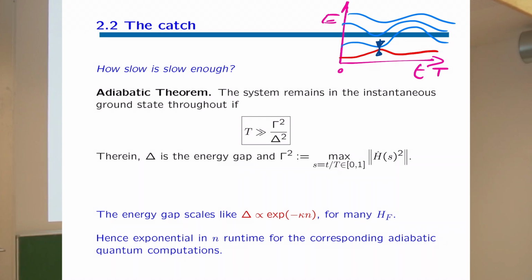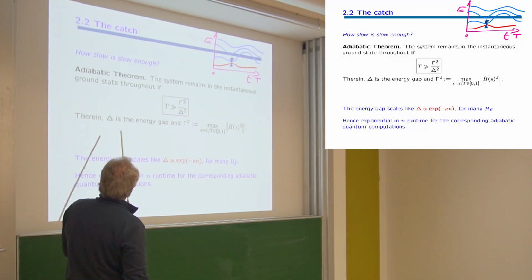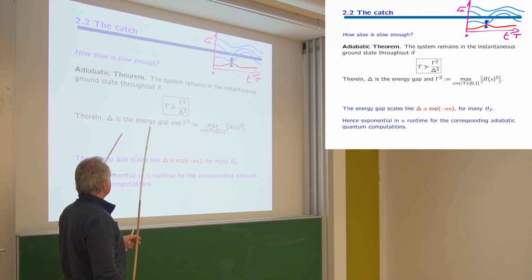Okay, so let us revisit the adiabatic theorem. The adiabatic theorem exists in countless versions. This is an early version, not the best version, but it's good enough for us. We are asking, we have to run slowly through this.